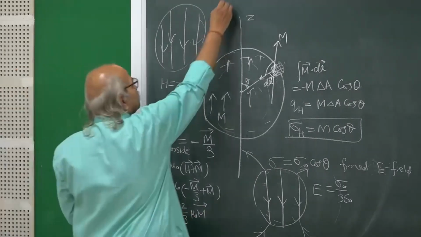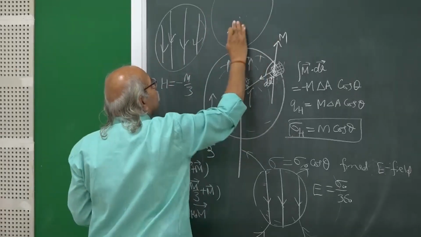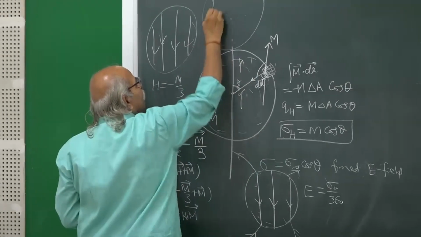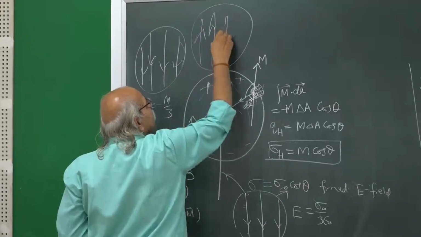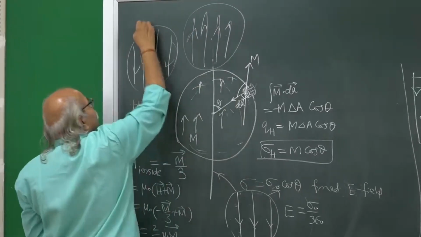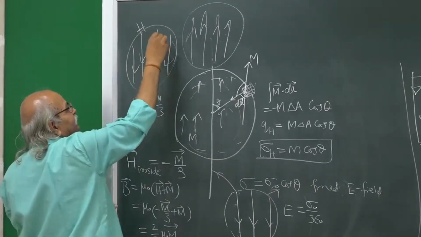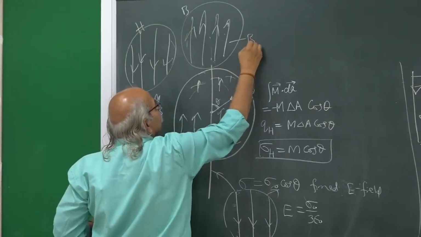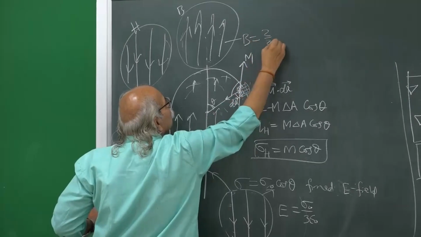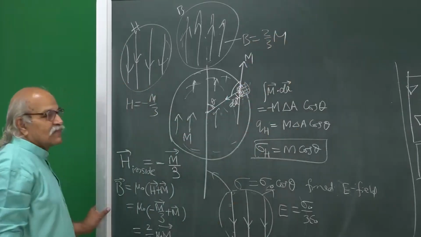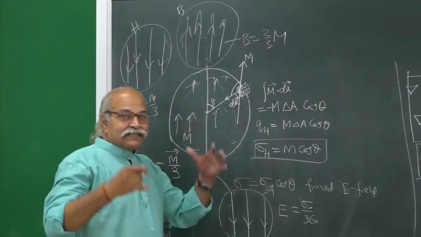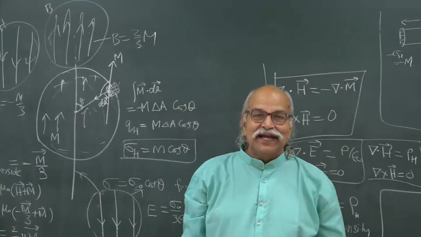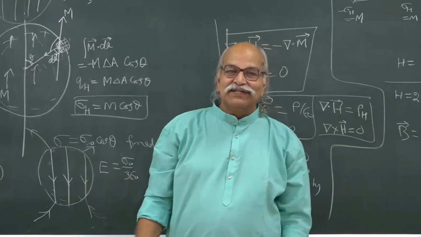If you ask for the B vector, the B vector is this way. This is our H vector, these are H lines and these are B lines. So B lines are this way, and the magnitude here is B equal to 2 over 3 mu naught M. So this is a way to calculate magnetic field with magnetized material.